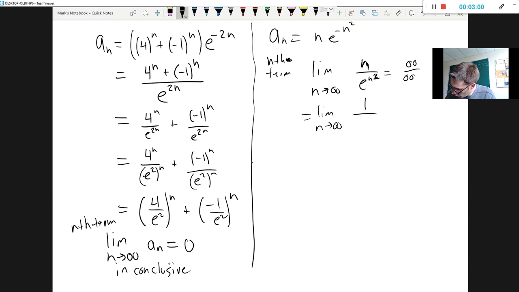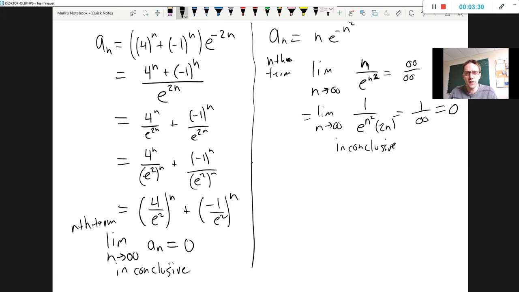We'll get 1 over the derivative of the bottom with respect to n. The derivative of an exponential is the same exponential, and then we just need to multiply by the derivative of the inside, which would be 2n. In this case, we do get 1 over infinity, which is 0. So unfortunately, this is inconclusive as well. The nth term test failed in both cases.